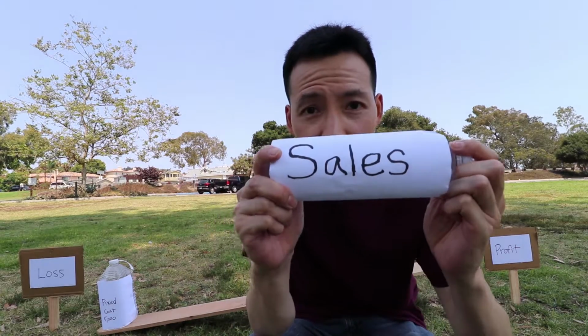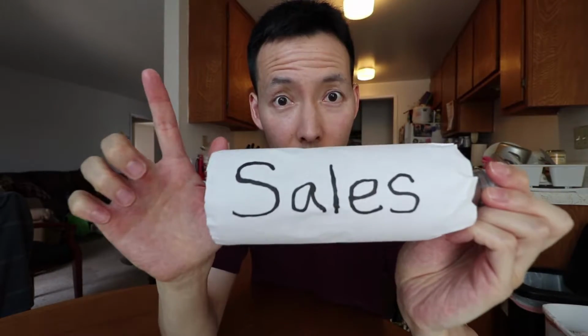Now, when you start making sales, wait, before we start selling anything, we need to talk about another type of cost. So, unlike fixed cost, which is the same every time, like the rent on your building or the salary that you pay to your accounting staff, variable costs, on the other hand, do change. Some examples of variable costs are the cost to produce the lid on this bottle, or the amount of plastic that goes into this bottle.